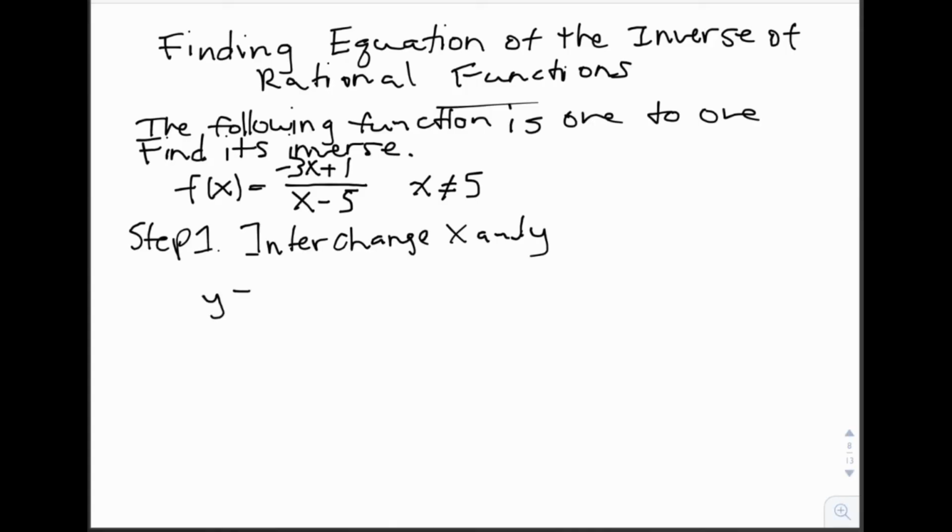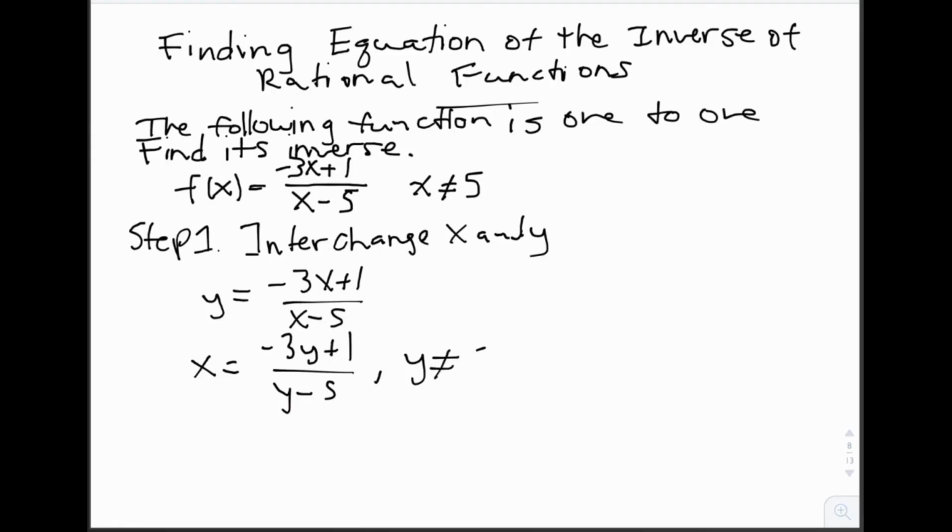So y is equal to negative 3x plus 1 divided by x minus 5. Now we need to go ahead and interchange our x and y values. So x is now going to be equal to negative 3y plus 1 divided by y minus 5, where we don't want that bottom to be equal to 0, so y cannot be equal to a positive 5.